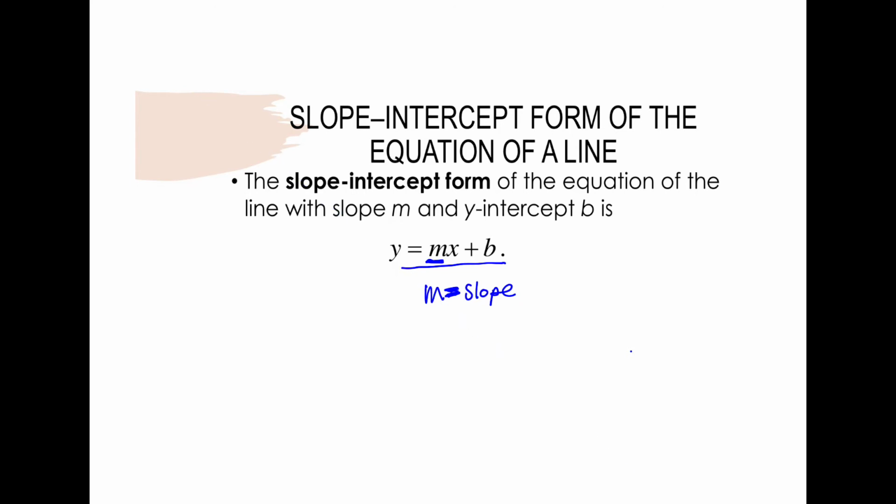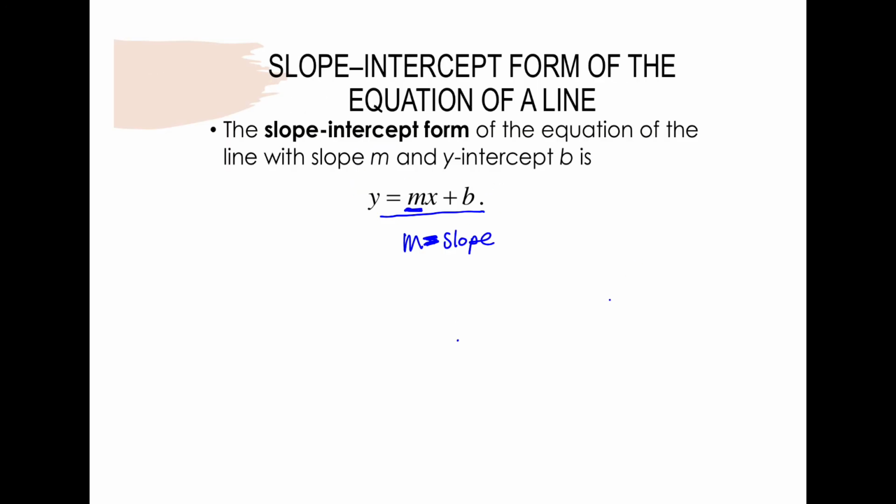And then b, we always have x being 0 when we have a y-intercept, and the opposite when it's an x-intercept, the y is 0. But this gives me the y-intercept of my equation.